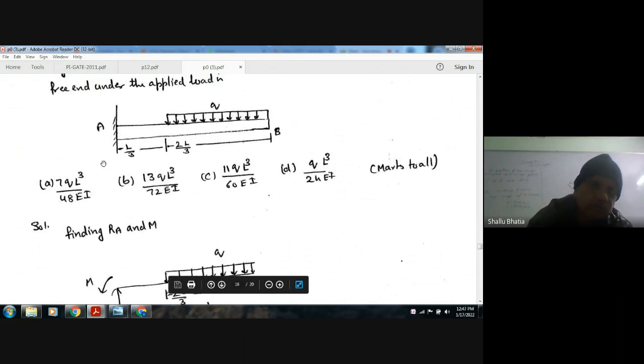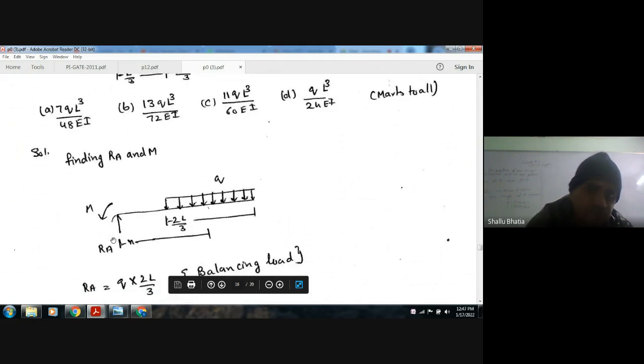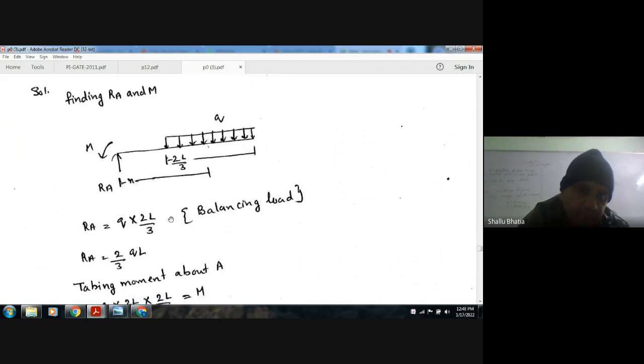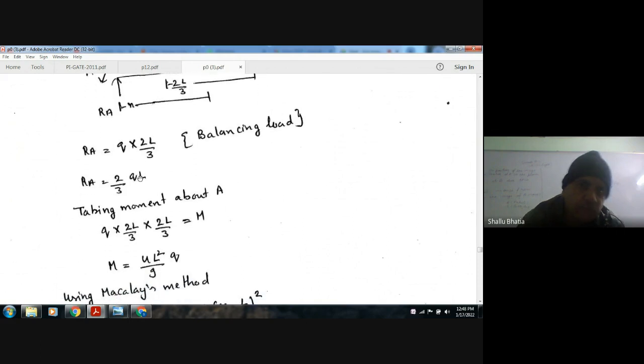Here the support is fixed, so there will be a reaction and a moment. The reaction is RA and the moment is M. This is a uniformly distributed load over a length of 2L by 3. Finding RA, it is the total downward load, that is Q times 2L by 3. So RA is 2 by 3 QL.